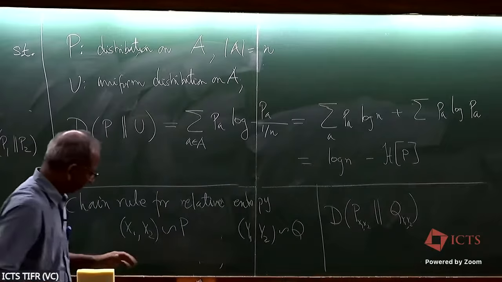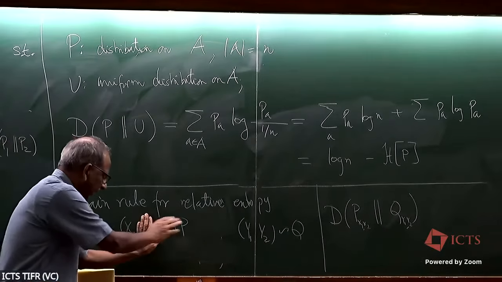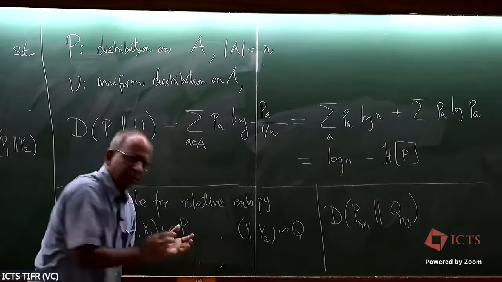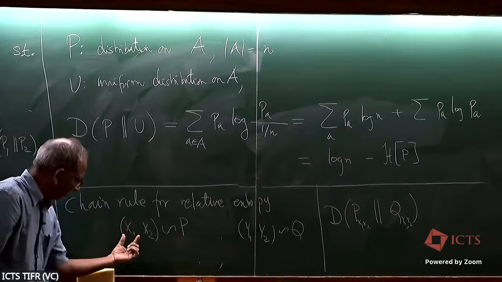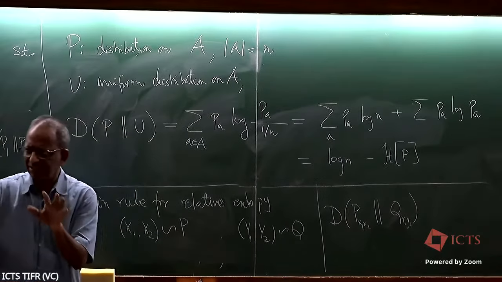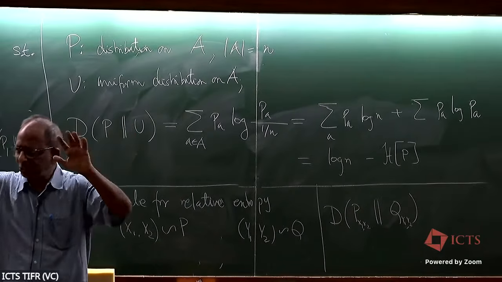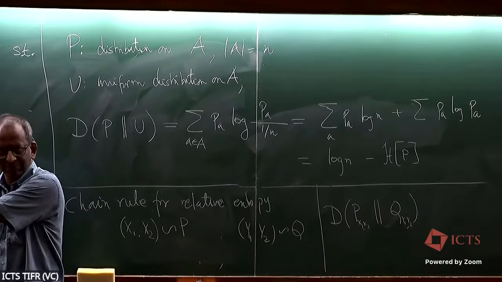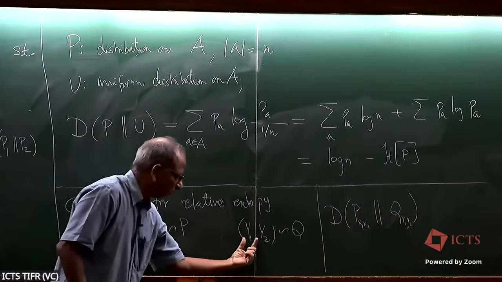Now, I could look at just x1 and y1. And they are also random variables, and they are distributed over the same alphabet. So you have a big system, and you are looking at a part of the system. The part of the system is x1 here, and the part is y1 here.